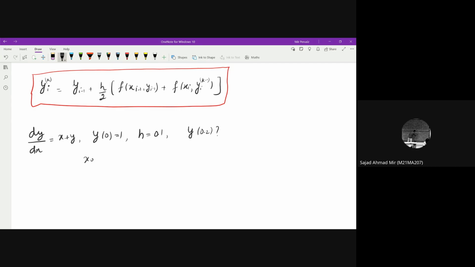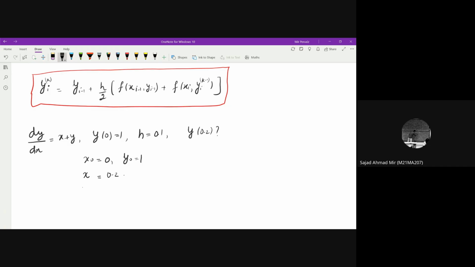So your x0 here is 0, y0 is 1, and x is the point you want to calculate the value at, that is 0.2.